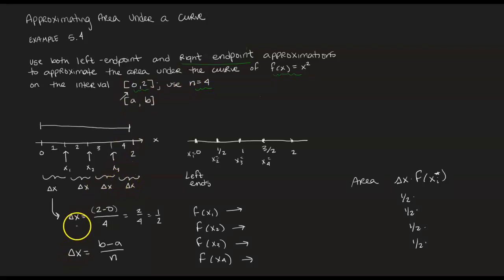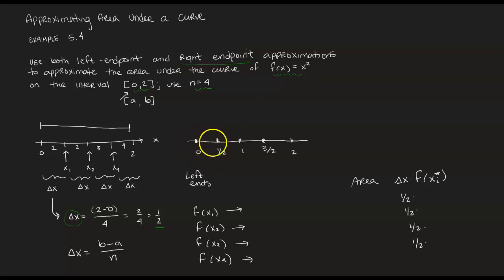For example, our delta x is still going to be 1/2, and our subdivisions on our interval 0 to 2 look the same, but something that will change is how we call x1, x2, x3, x4. Because we're looking at the right endpoints of our interval, we're going to skip 0. This is part of the interval that we're looking at, but it's a left endpoint, so we'll leave that off.